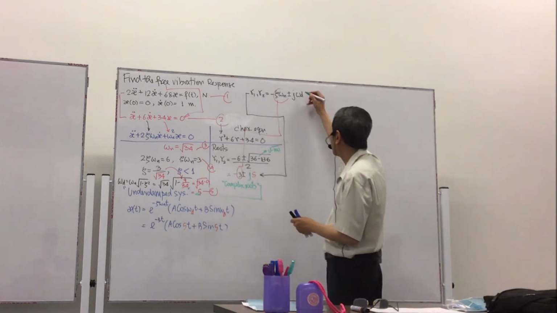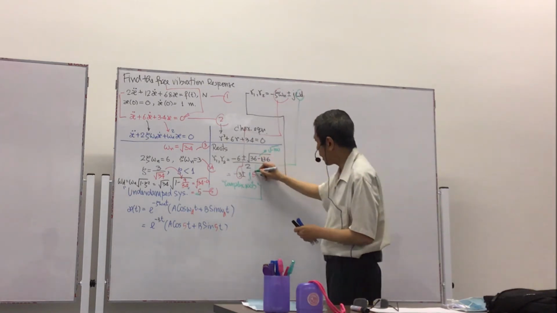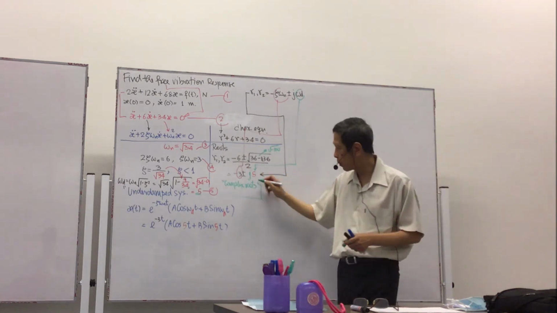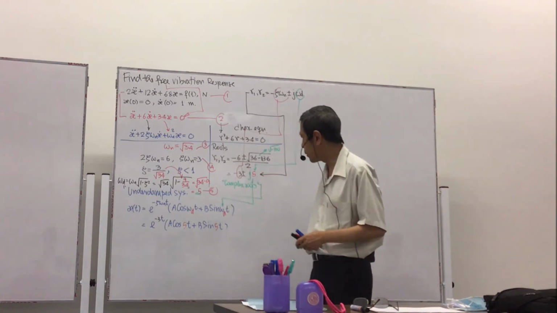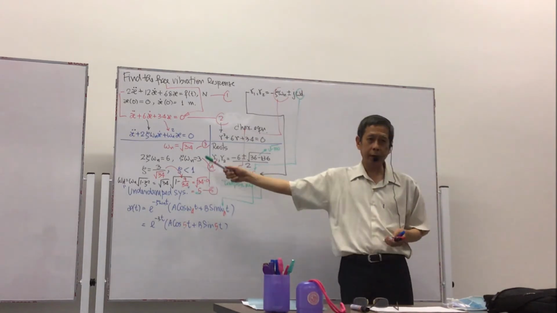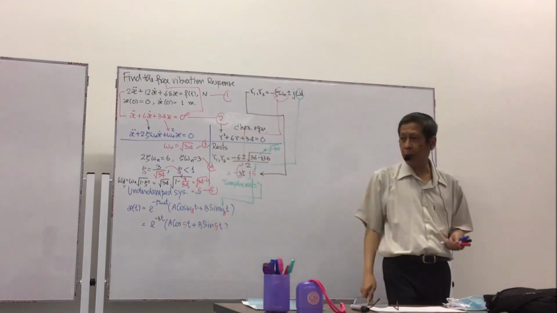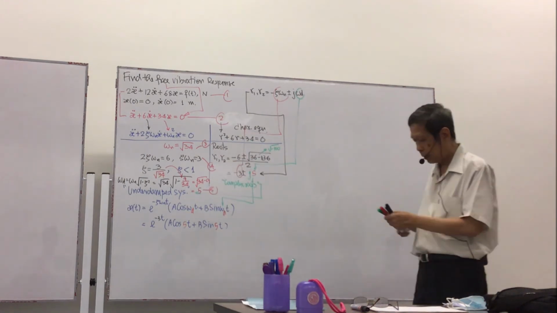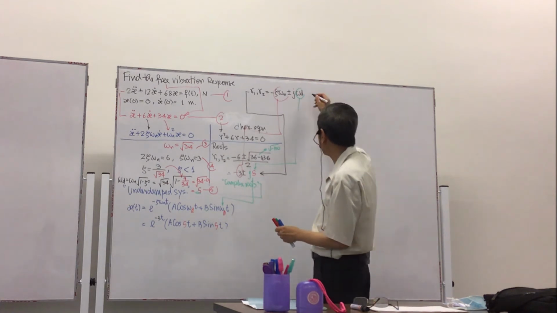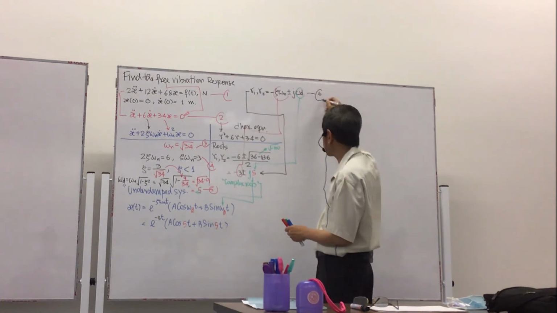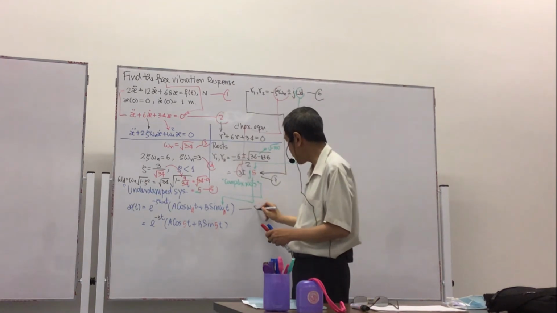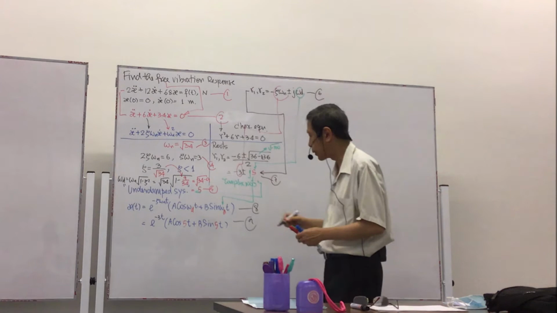And omega sub d is the imaginary part of this number. But if you're not so sure, you can recalculate by using zeta and omega sub n.